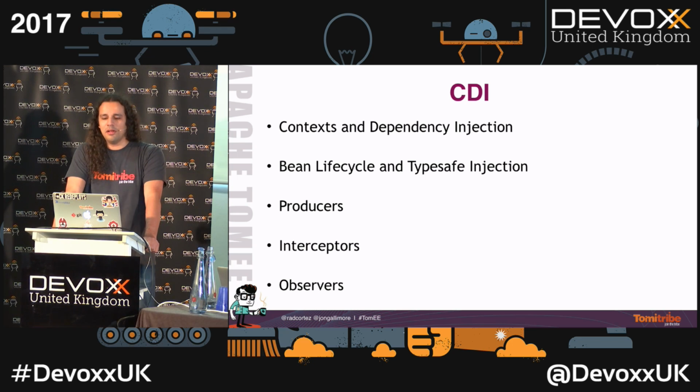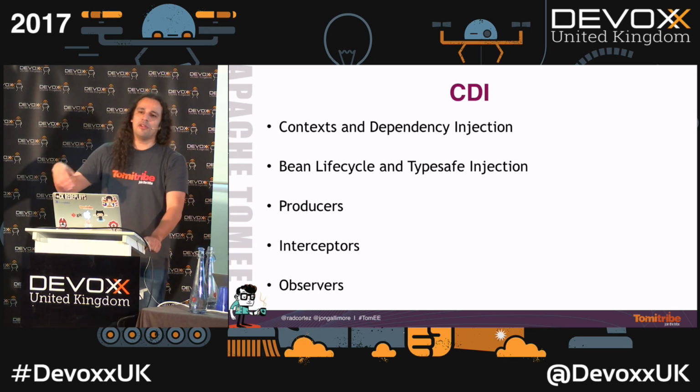CDI is the Contexts and Dependency Injection spec from Java EE. It only came out in Java EE 6, even though we were able to inject some things before, mostly using EJBs. But it's probably one of the most important specs in the Java EE world. It allows you to define the life cycle of a bean and define type-safe injections.